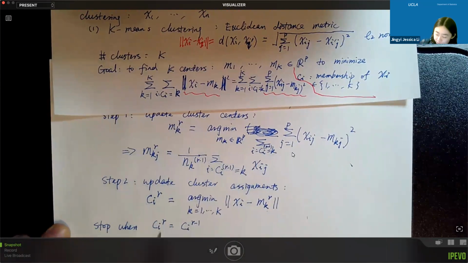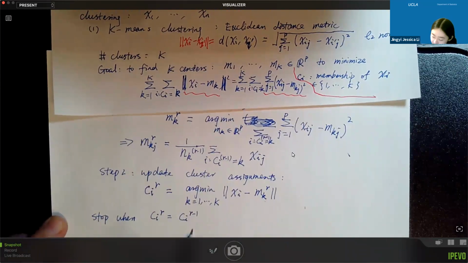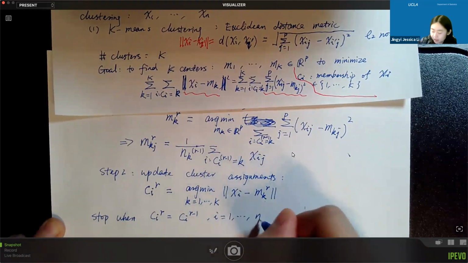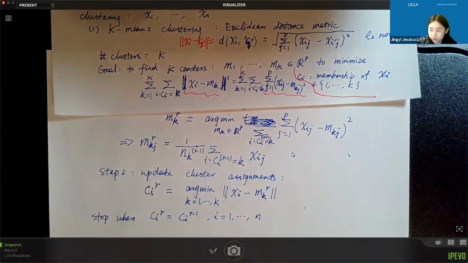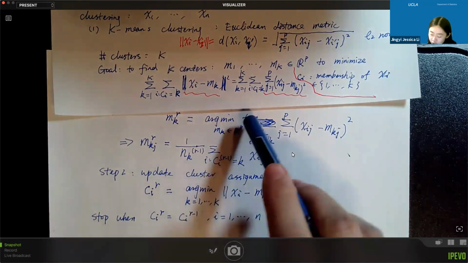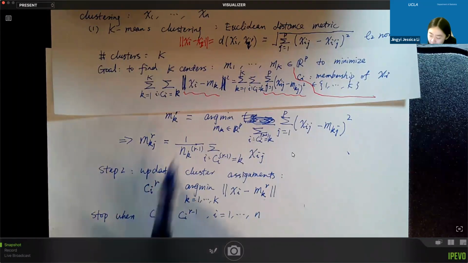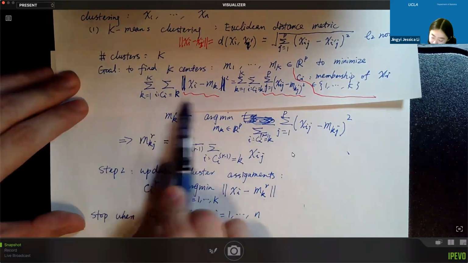If compared to the previous iteration all the assignments are equal, then we do not need to do the iteration any further. So we can show that because each step decreases the objective function, the k-means algorithm will always converge to a local minimum of the objective function.